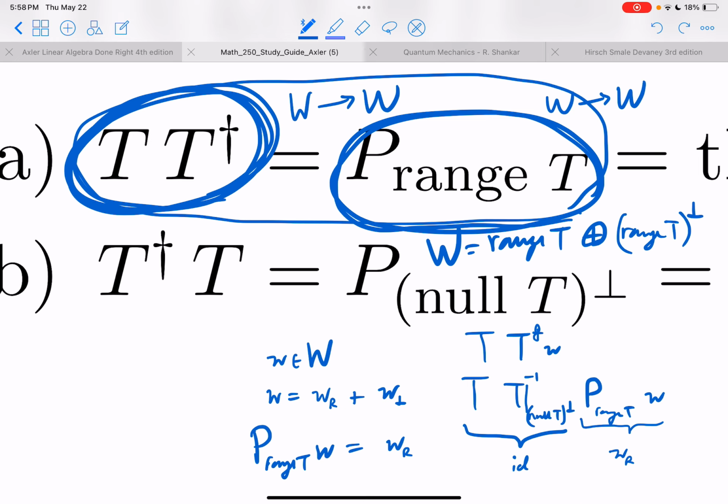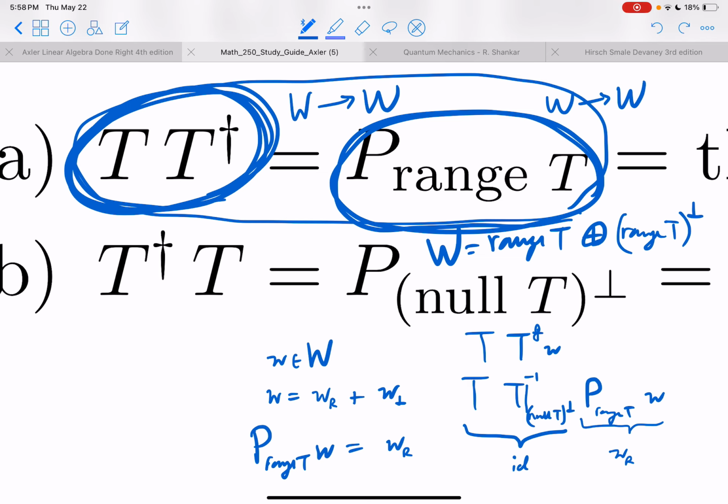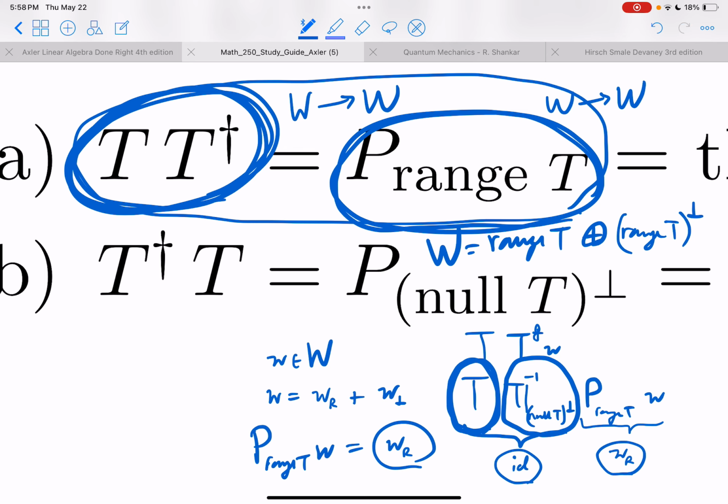In other words, t is equal to t restricted to the null of t perp when you feed it things in the null of t perp. And so, I guess what I'm trying to say is that this is a bijective map, and so it's just defined by undoing what t does on the range, and that's why it's equal to the identity on this, and so we get the same thing.